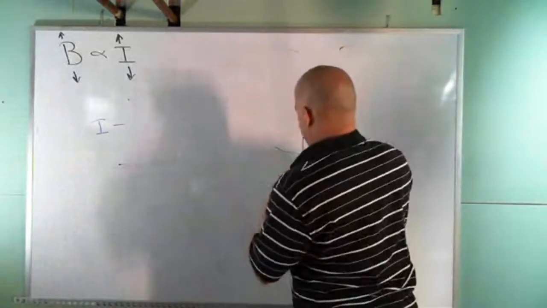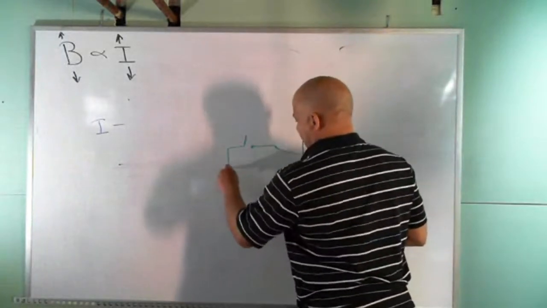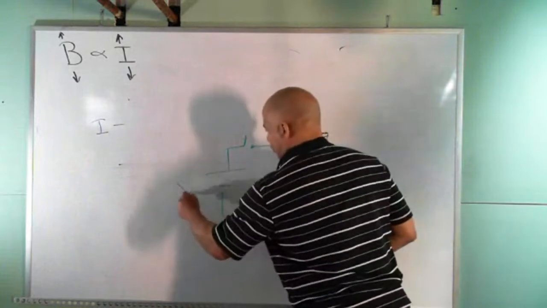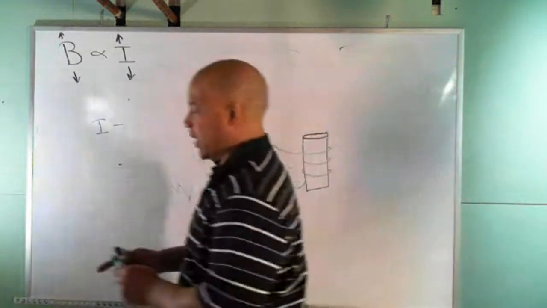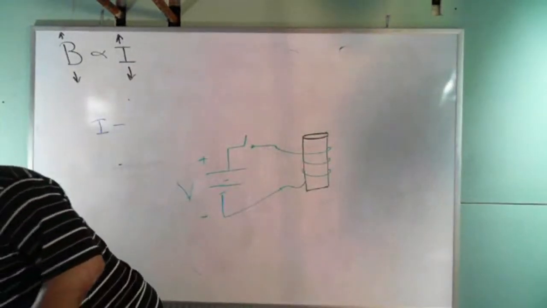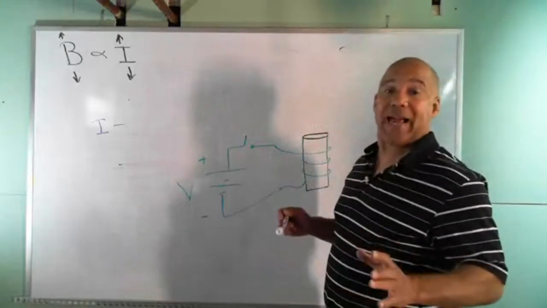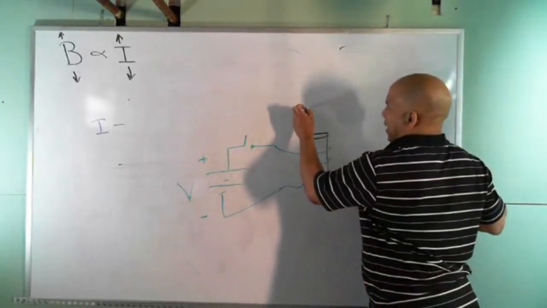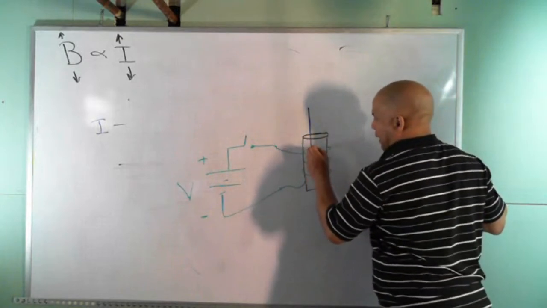So let's say I add that. Then what you can do is, hopefully this purple shows up, I can take a permanent magnet and just put it in the middle of that tube like that.